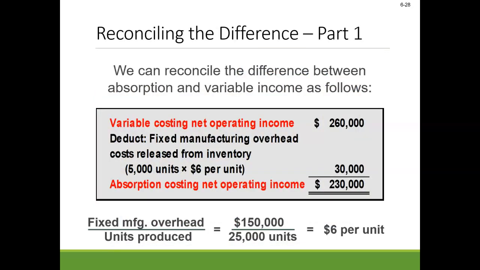So you see here, again, that difference in variable costing, we've got a higher net income in that second year. Absorption costing is lower because those fixed costs are flowing with the goods.